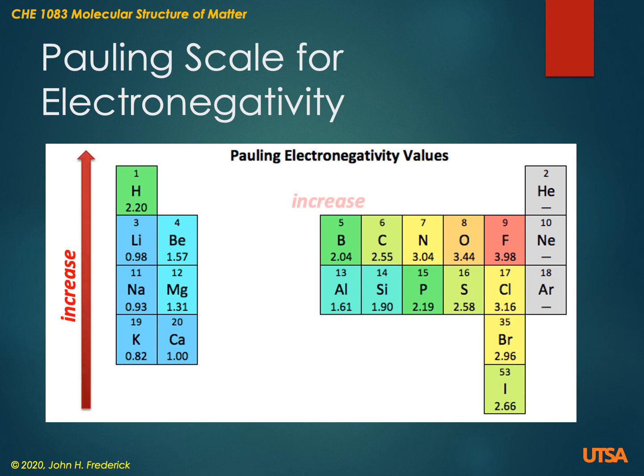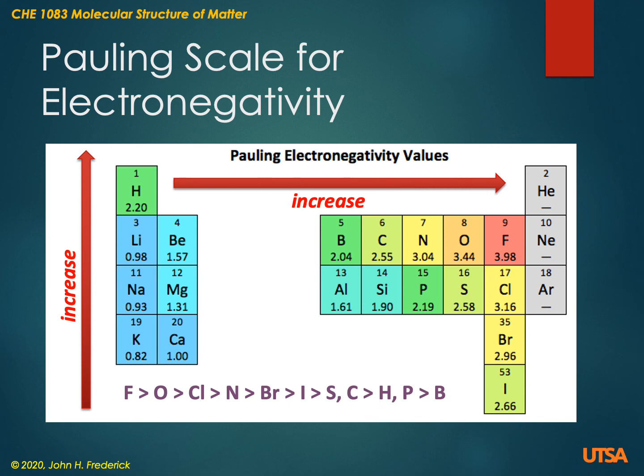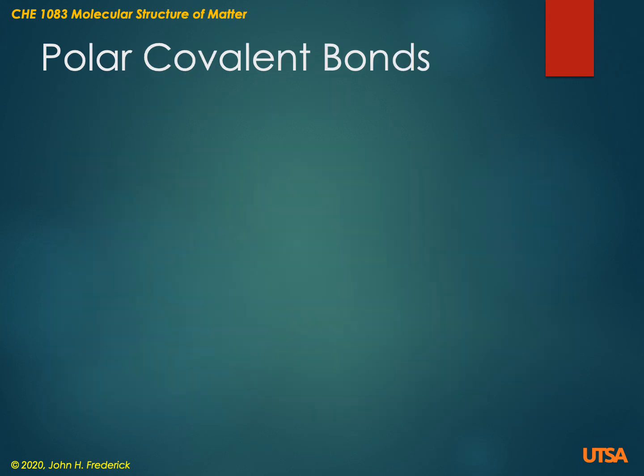So as we increase going up and across, we can assign relative electronegativities of these elements as follows: that fluorine is the most, going down to boron, and then I haven't included the metals, but they would all be much lower than these. These are essentially all of the non-metals that we have to worry about in this course. Polar covalent bonds are created when we attach a covalent bond between two atoms that are different.